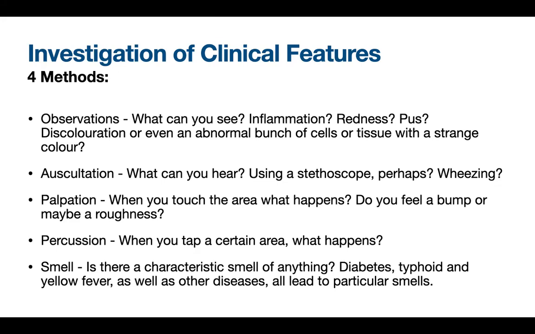The next thing that's very important is palpation. Palpation is when you touch the area. What happens? Do you feel a bump or maybe a roughness? It's quite common that certain areas might be a bit more firm than they should be in the normal anatomy of a human who doesn't have a disease. Or if you touch an area, maybe it gets bruised very quickly.